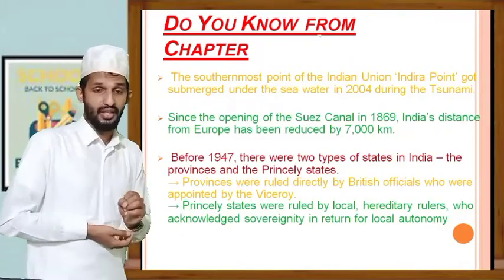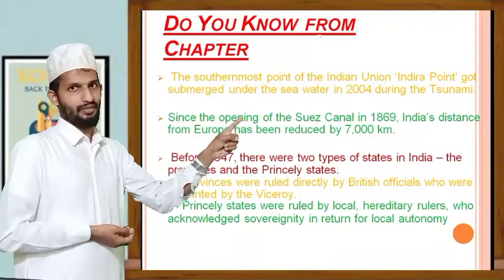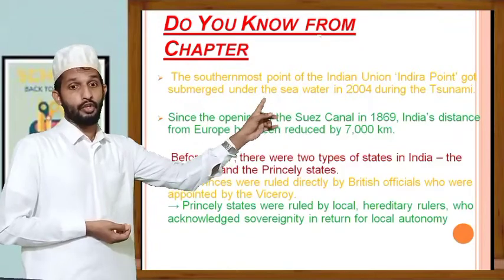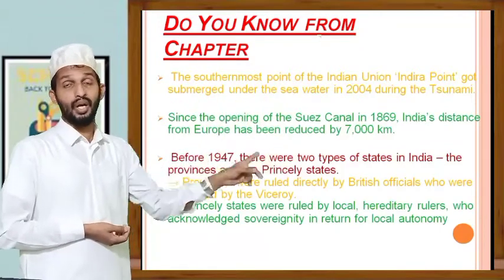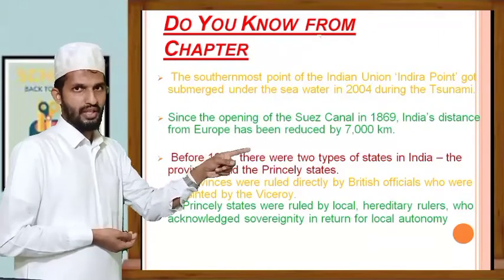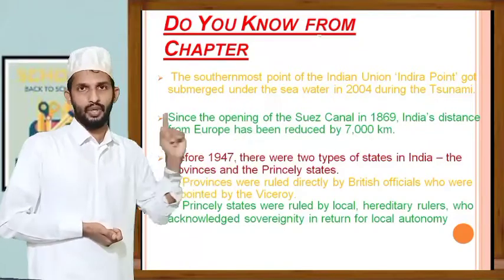The first point: India's southernmost point in the Indian Union, not the mainland, that is Indira Point, got submerged under water in the 2004 tsunami. Up to that time, this was a great point, but now it has been covered by water.